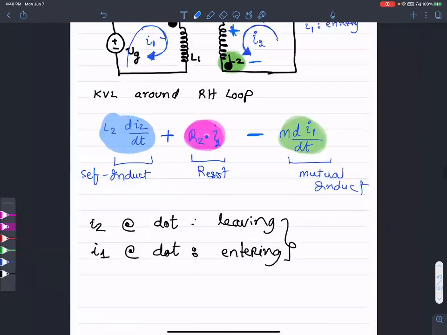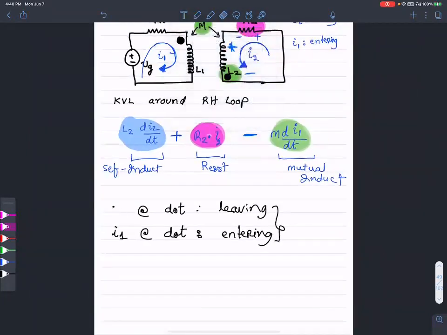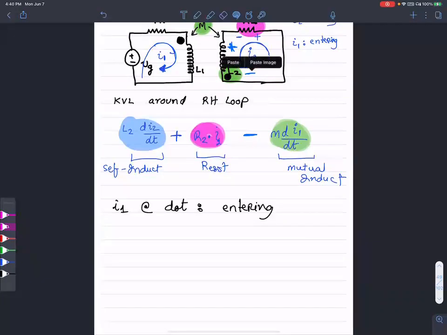So here is the deal. Let's get rid of I2 for a second. When the reference direction for the current enters the dotted terminal of the coil, the reference polarity voltage that it induces is positive.